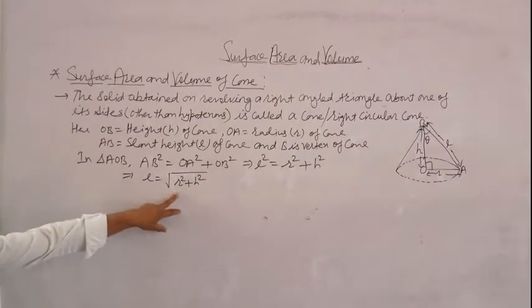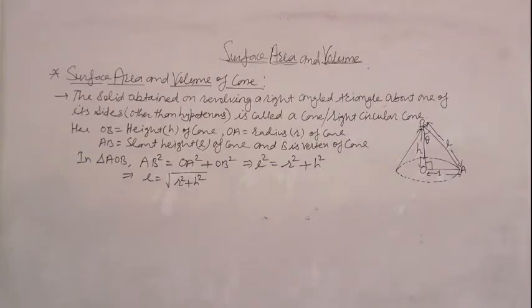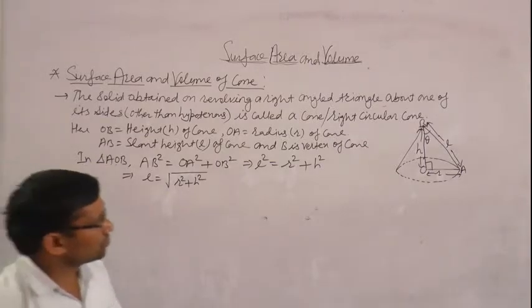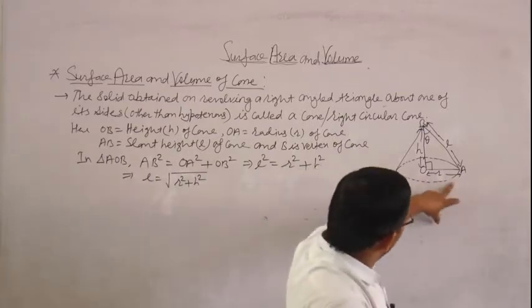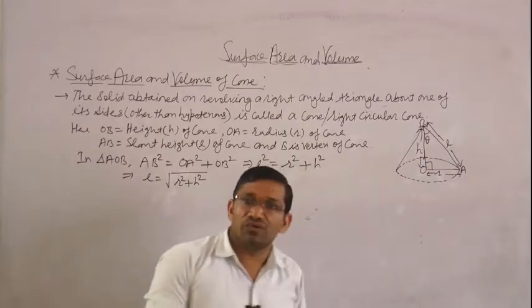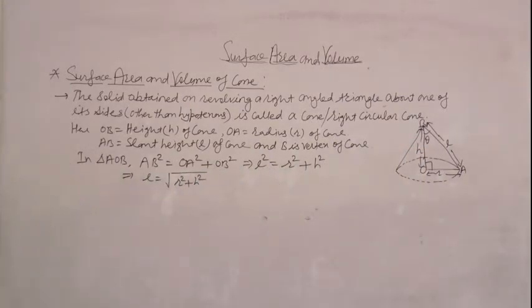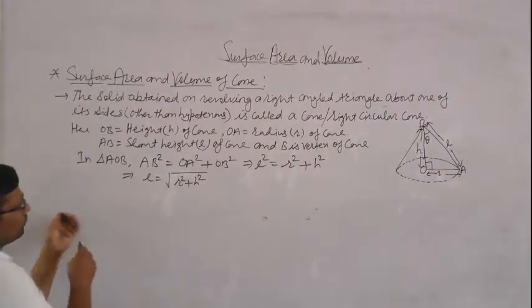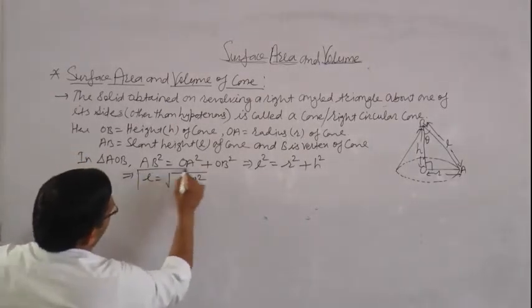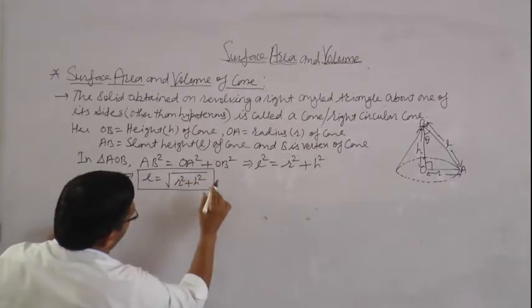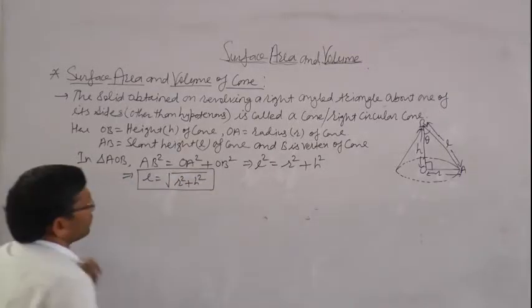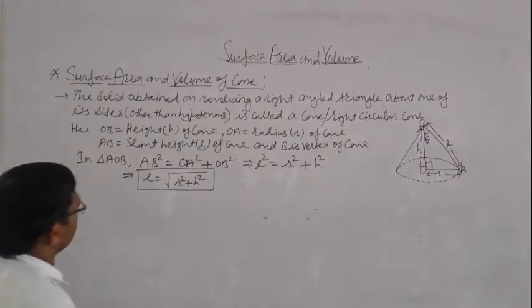So if the radius and height of the cone are given, then we can easily find the slant height of the cone. For finding slant height we use L equal to square root of R square plus H square.